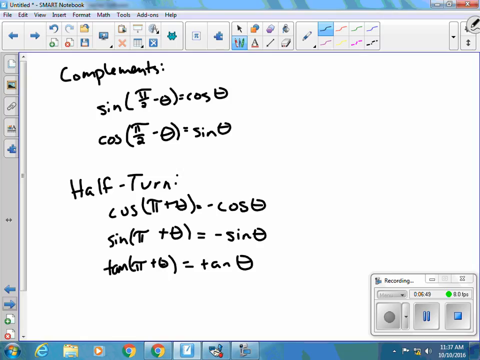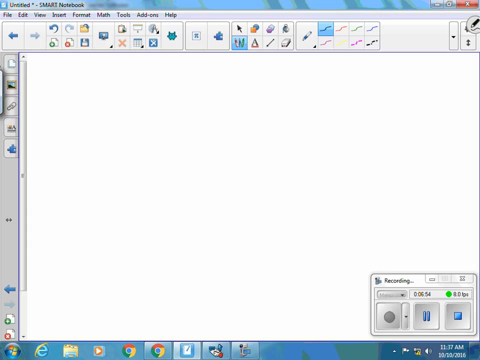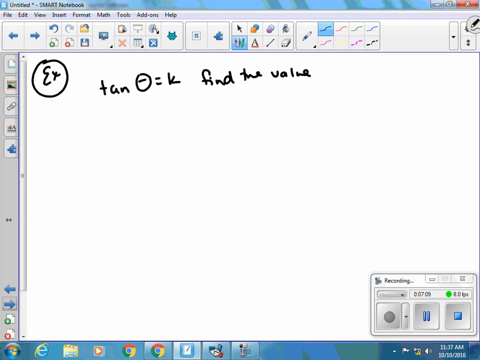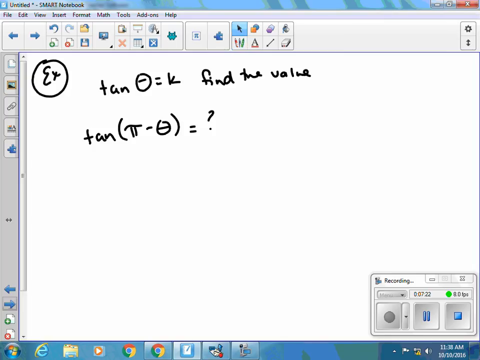Okay, so I'm going to show you an example of how to apply these. For instance, if I were to say that tangent of theta equals k, find the value when I've got tangent of pi minus theta. So I'm going to be looking at my supplements theorem, and that's because I've got that pi minus theta. That's how I know it corresponds to that one.